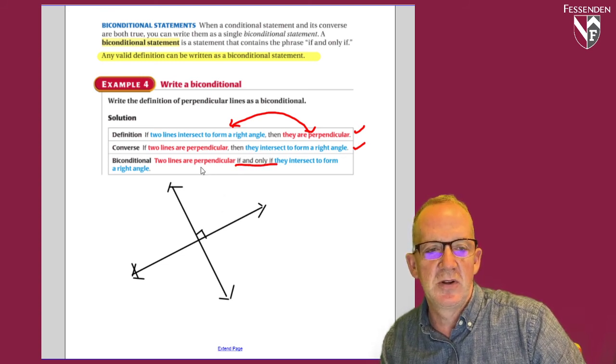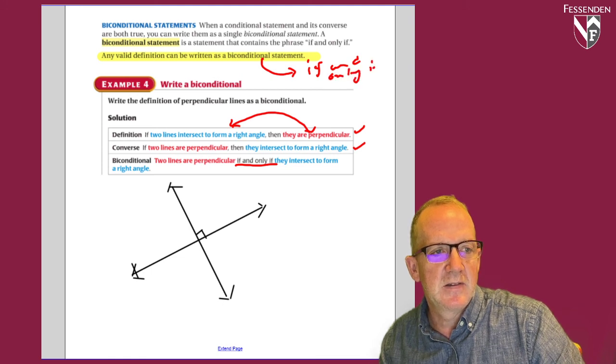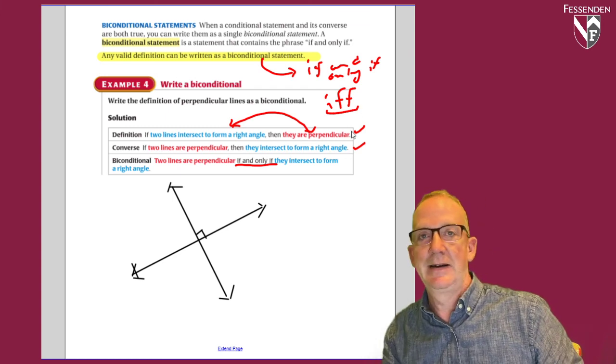Two lines are perpendicular if and only if they intersect to form a right angle. So that's what I want you to think of. When you see biconditional statement, think if and only if. And this is sometimes abbreviated as IFF. If and only if. I don't know, that's a weird abbreviation, but I didn't make it up.